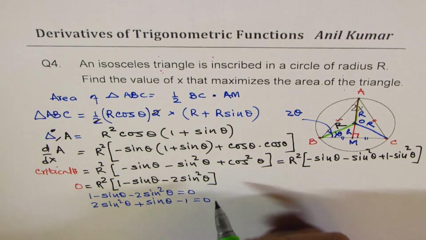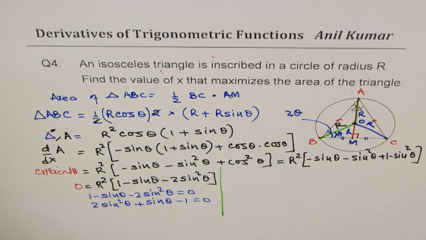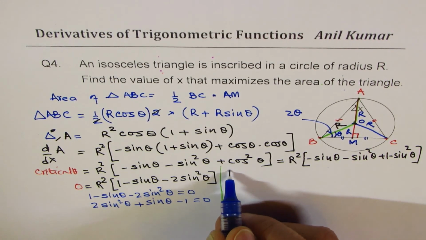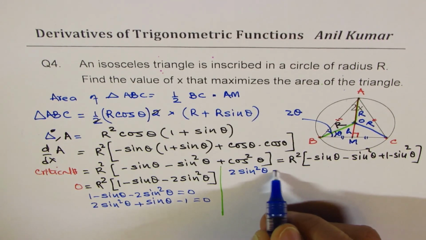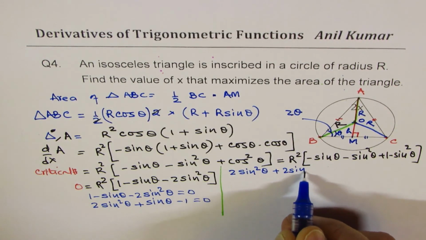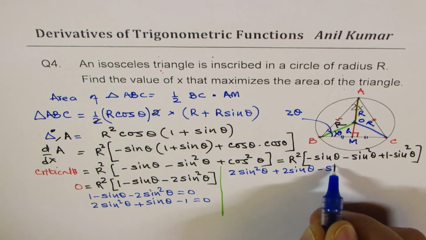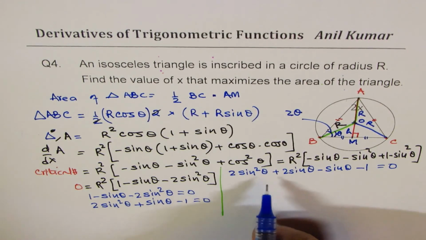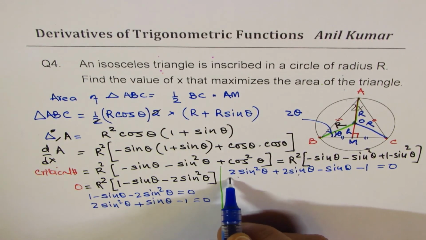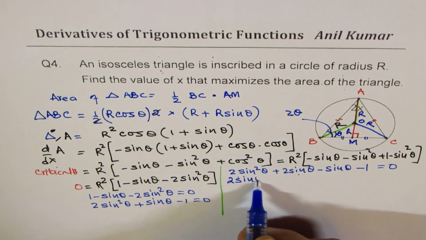Perfect. Now we can factor this equation. I could write sine theta as 2 sine theta minus sine theta. So I get 2 sine square theta plus 2 sine theta minus sine theta minus 1 equals 0. We can take common factor 2 sine theta here.